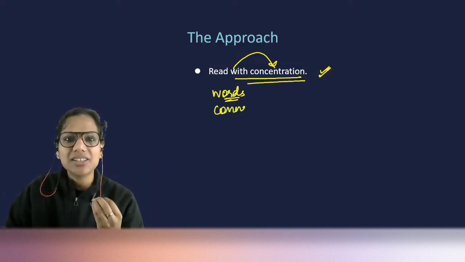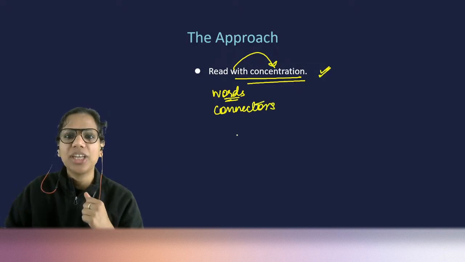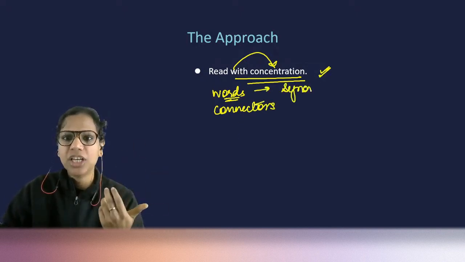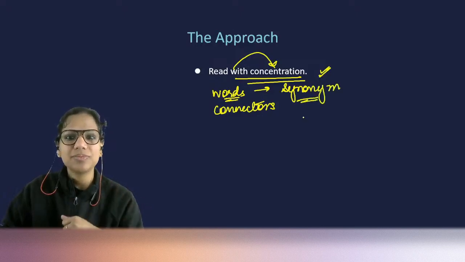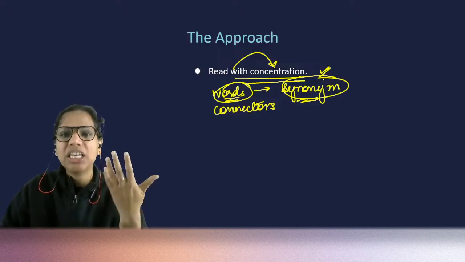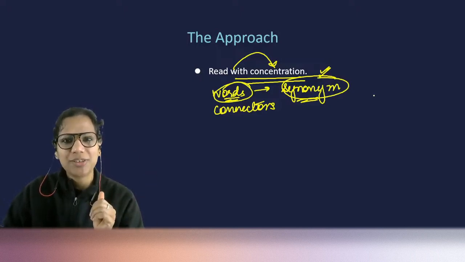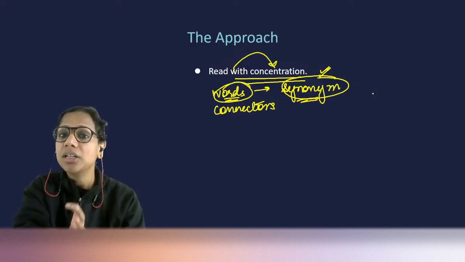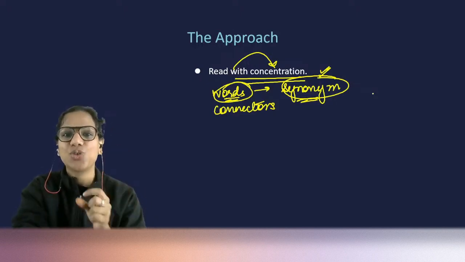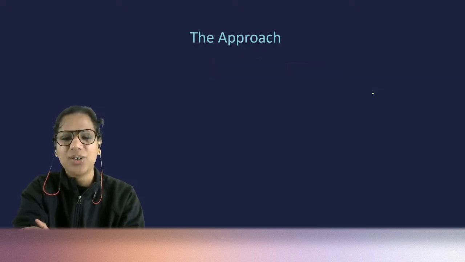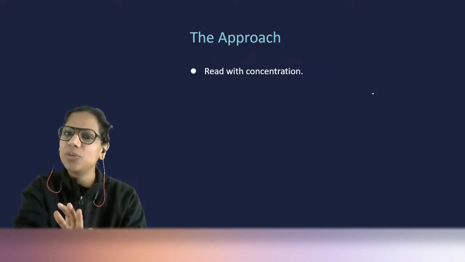Notice if a particular word has been used and then we are using its synonym. That means perhaps this is an important idea, and that's why I am bringing it up again and again in my paragraph. So you need to read with concentration because you are hunting for clues to arrange your sentences. So the first thing is that you read with concentration.